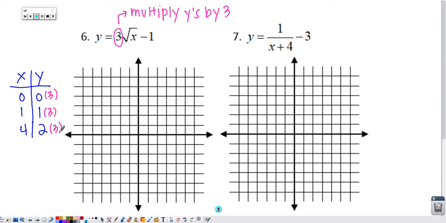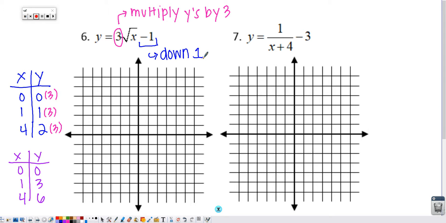All right. Now I'm going to rewrite that table. x, y: 0, 0, 1, 3, 4, 6. And then it tells me I need to shift down 1. So I'm actually just going to plot the ones that I have, and then shift it down 1.